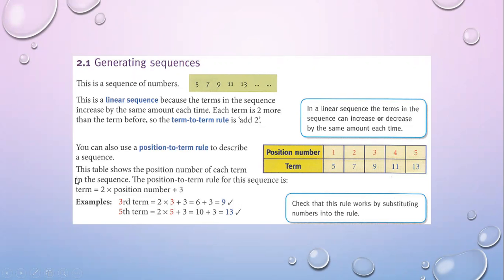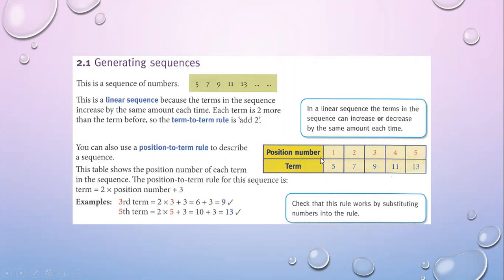For the position-to-term rule, in this table you can see the position numbers of each term in this sequence: 1, 2, 3, 4. Suppose the position is 1. Then 1 multiplied by 2 is 2, plus 3 is 5.